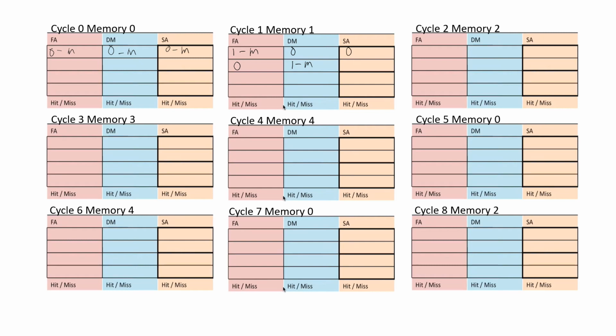We already have 0 here, and this one is 1, still a miss. In the next cycle, cycle 2, memory 2 is accessed. For the fully associative cache, we place 2 above 1, 0, but this is a miss. It's not really placed anywhere, but we just want to track which is the most recently used. In direct mapping, 0, 1, 2 is still a miss.